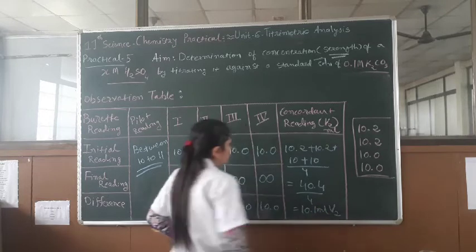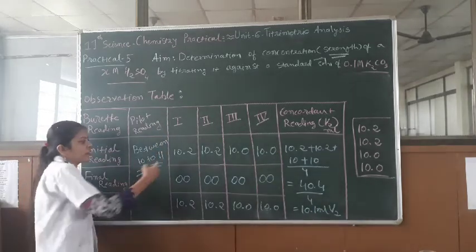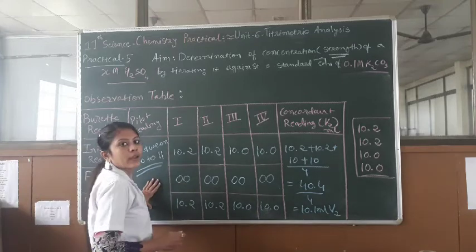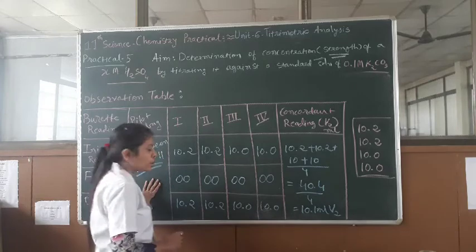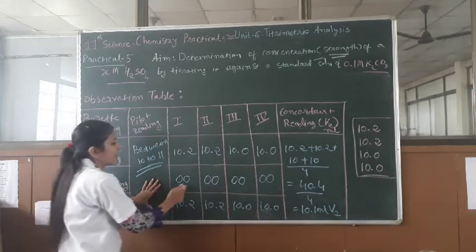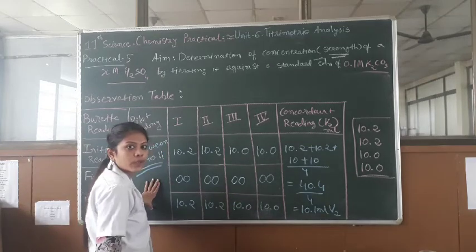That is our V2. You have to remember that when we set 0 every time, for the final reading you have to write 0, 0, 0.